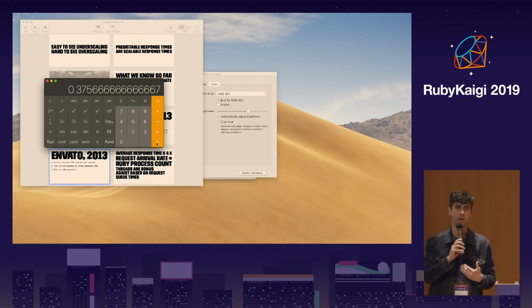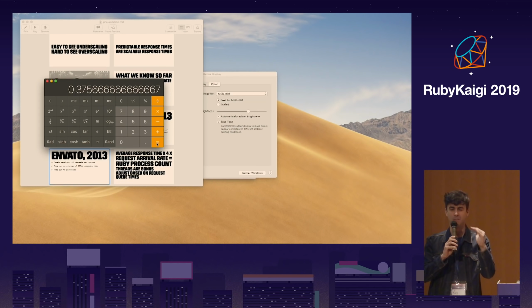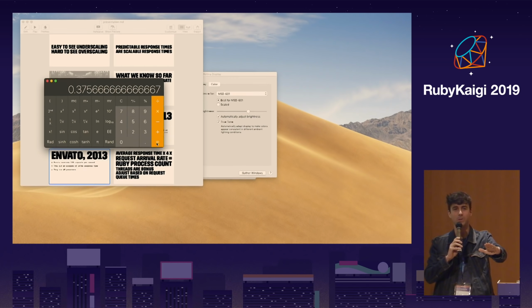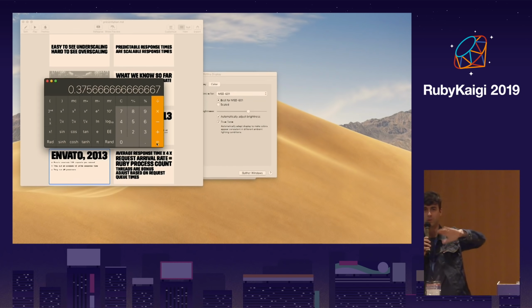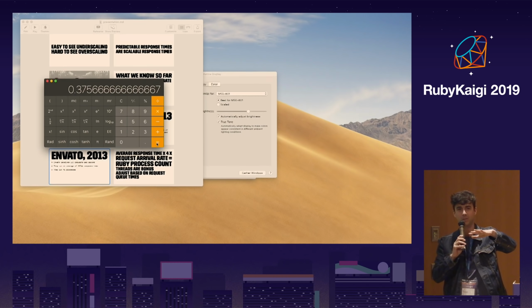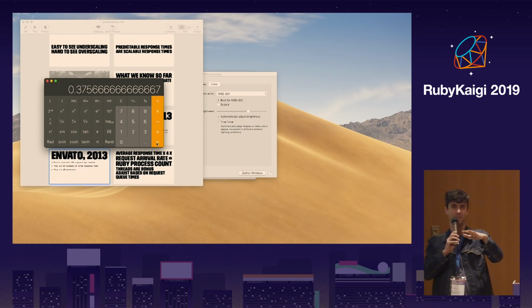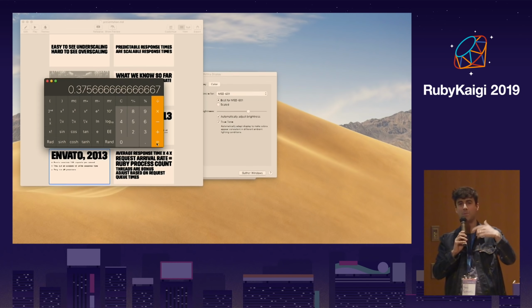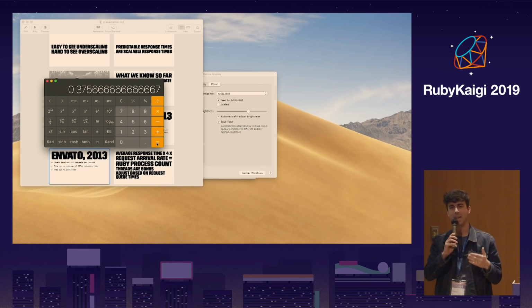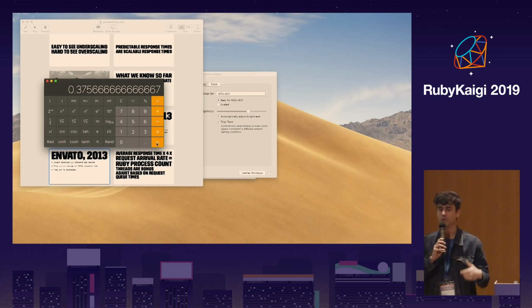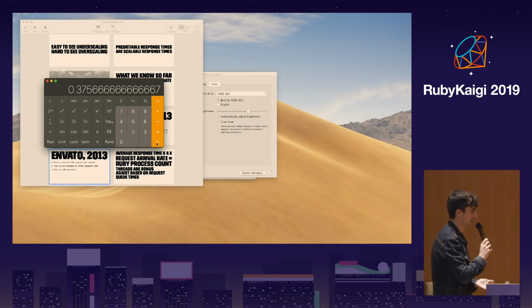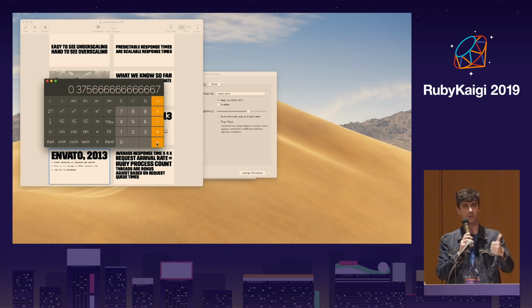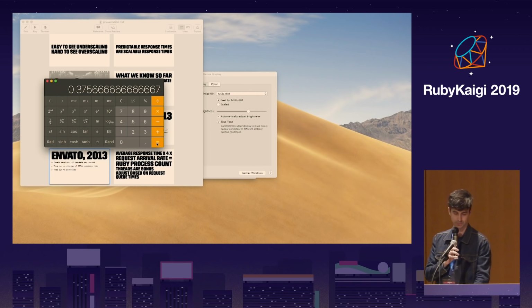Ruby applications are happiest, they have reasonable request queue times when they are running at about 25%, okay? So Little's law, take the result, multiply it by 4, and you get a number of Ruby processes which generally results in good or low request queue times.